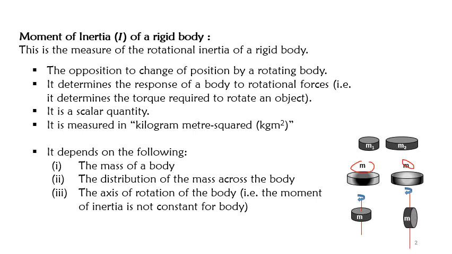On the left hand side, the axis is through the center of the cylinder or the disc. But here, it is not through the center. So though they have the same mass and the same distribution of masses, the differences in their axis of rotation will also lead to differences in their moment of inertia.